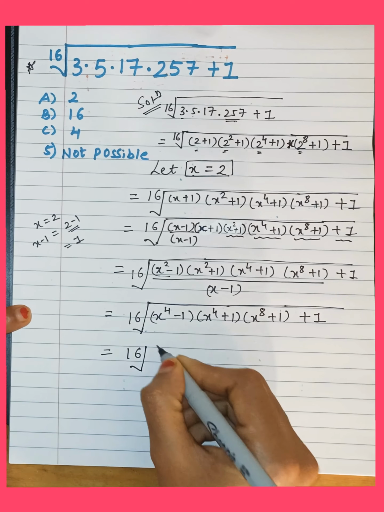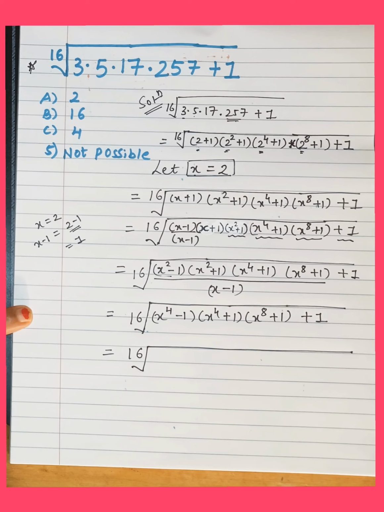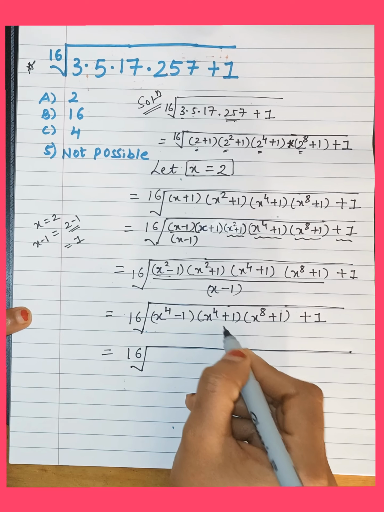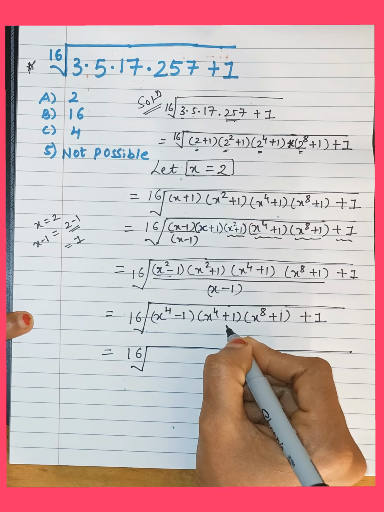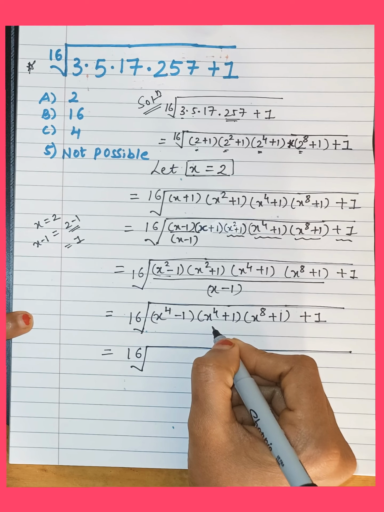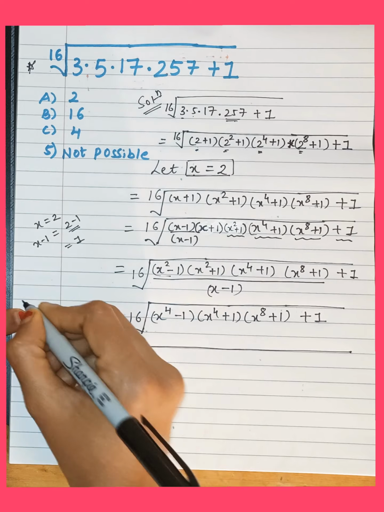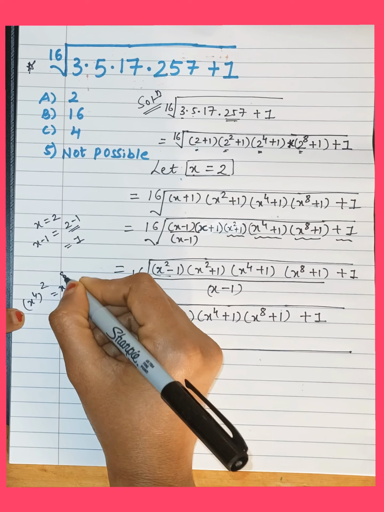16th root of, again we will apply the identity. So again x raised to 4 minus 1, x raised to 4 plus 1. Again this is a minus b into a plus b, the identity of a square minus b square. So again we will square. In place of a, we have x raised to 4, and squaring it will give us x raised to 8.